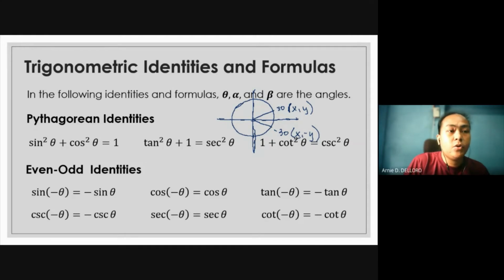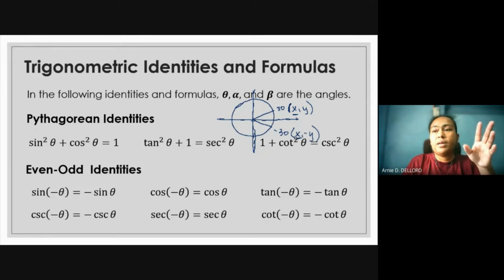Then yung coordinates ng positive na angle, in this case, referring to the cosine or yung x-coordinate, is positive. So yung kukunin lang natin is the positive. Kasi mag-negative man yung angle na meron yung cosine at secant, magiging positive pa din yung values.